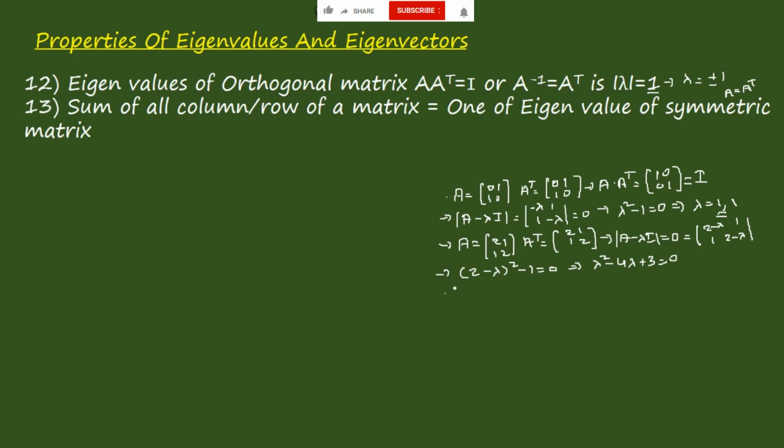We can write this as (lambda minus 3)(lambda minus 1) is equal to 0. So we get lambda is equal to 1, 3.